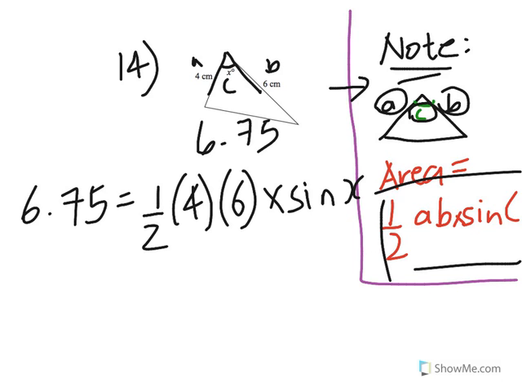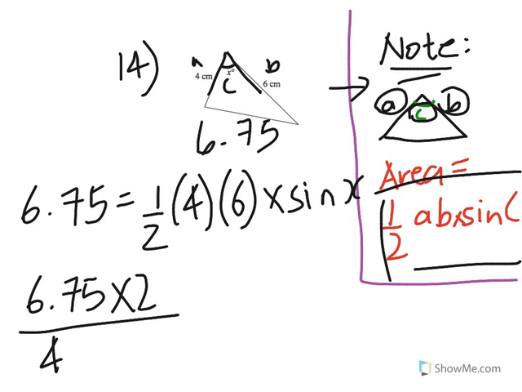Now all we have to do is solve this equation to figure out the value of x. So with 6.75, I'm going to do this really quick. Multiply both sides by 2 and divide both sides by 4 times 6, which is 24, because these multiply to give you 24.